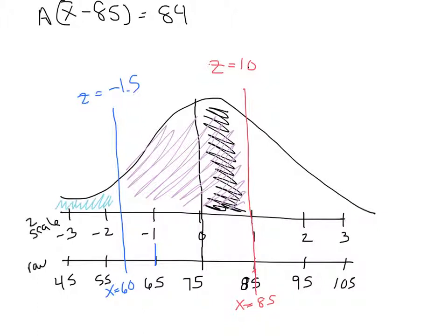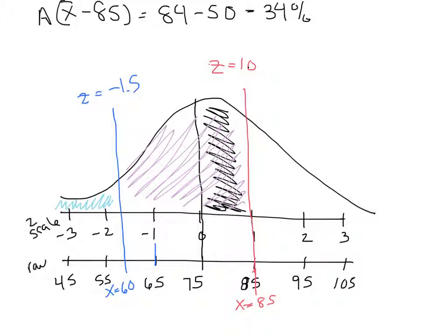But that includes everything below. That percentage is everything below 85. So this whole area, and we just want the black area. Well, we know everything below the mean equals 50%, so we're going to subtract 50 and get 34% for our area between the mean and 85.